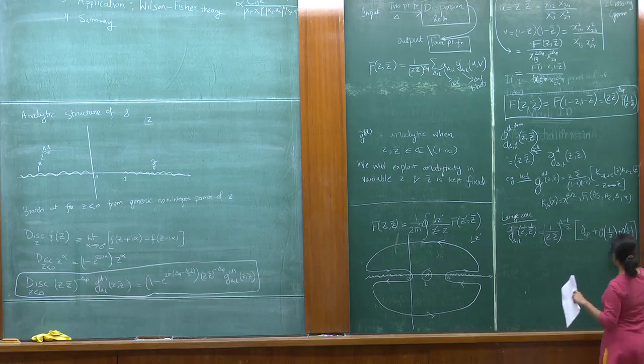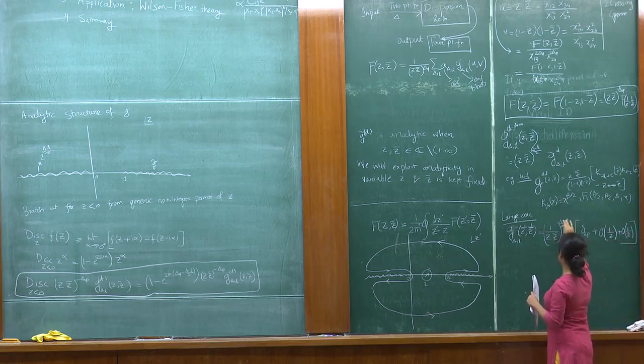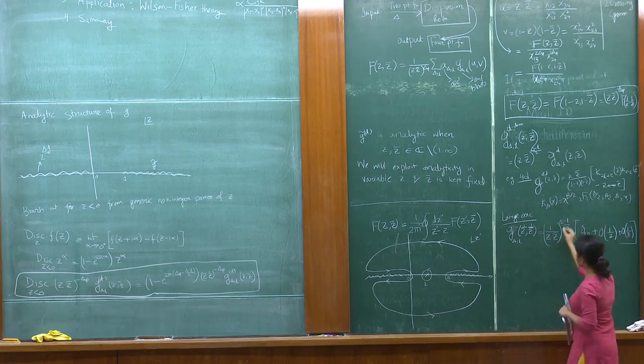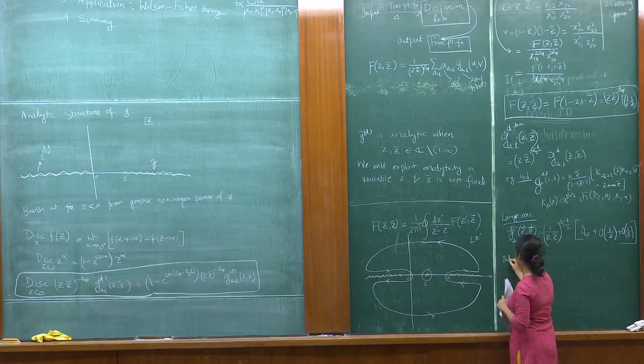So these are all positive powers of 1 over z and 1 over z bar, and this has this power law dependence.